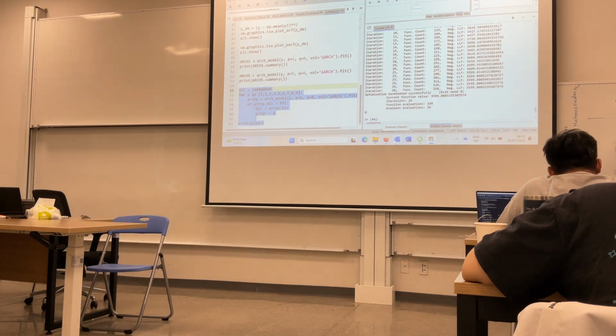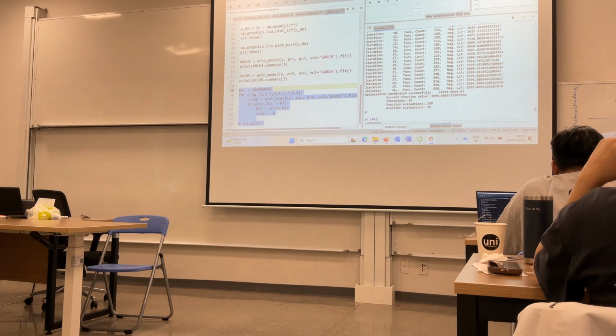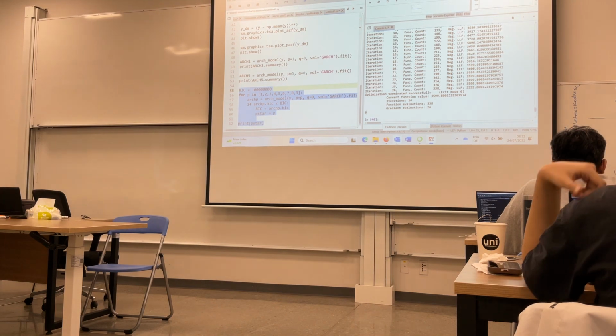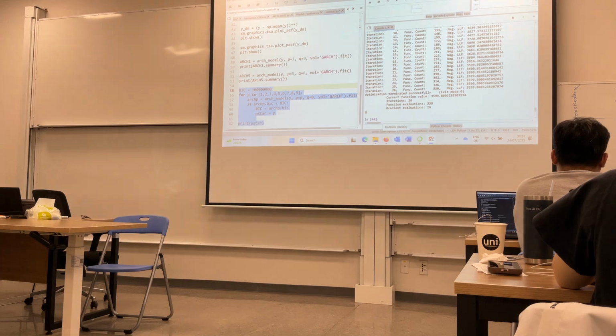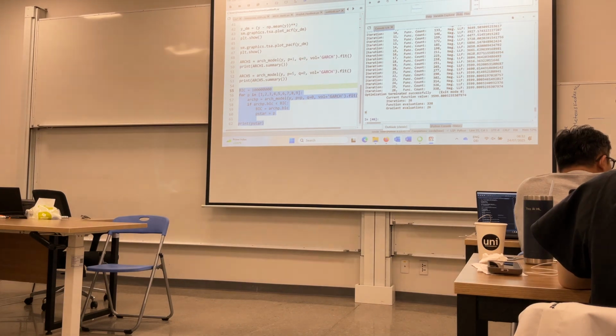So let's keep this. Then add one more, so let's say plus beta 1 sigma t minus 1 squared. Alright, so this was an ARCH(1). But this is a GARCH because we have the lags of the volatility also on the right hand side.